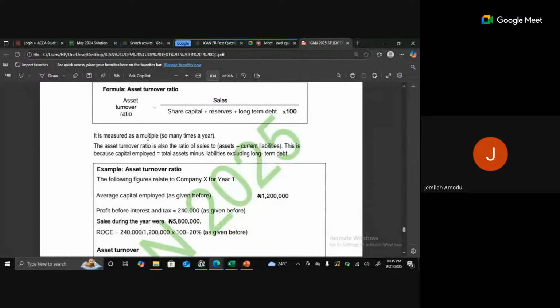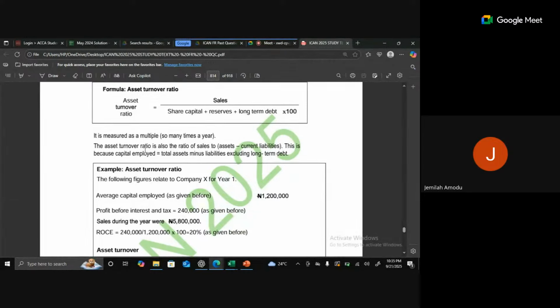It is measured as a multiple, so many times a year. The asset turnover is also the ratio of sales to total assets minus current liability. This is because capital employed is equal to total assets minus your liabilities, excluding the long-term liability.